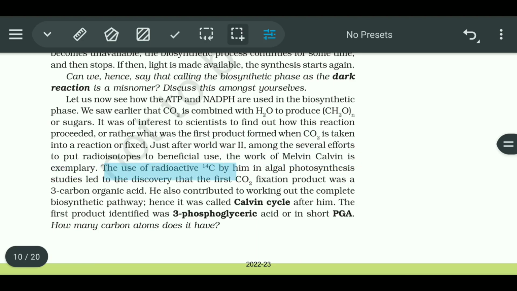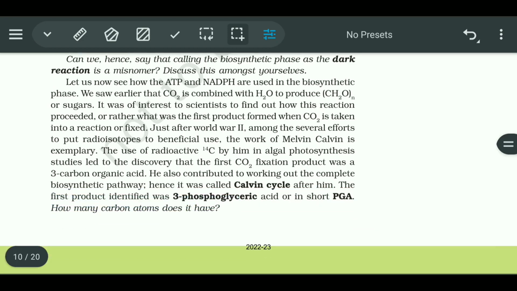The use of radioactive carbon-14 by him in algal photosynthesis studies led to the discovery that the first CO2 fixation product was a 3-carbon organic acid. He also contributed to working out the complete biosynthetic pathway, hence it was called the Calvin cycle after him. The first product identified was 3-phosphoglyceric acid, or in short PGA. How many carbon atoms does it have?